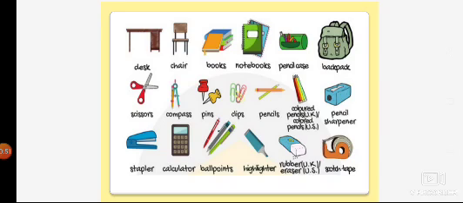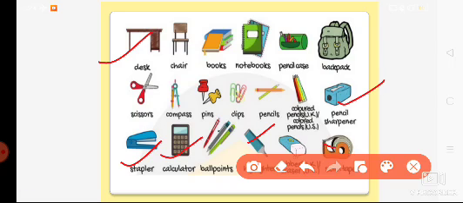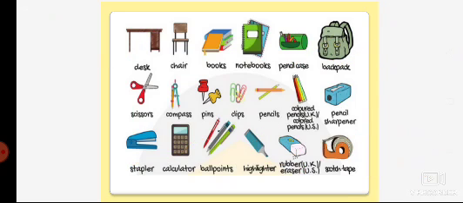Now, in this picture, you can see different types of objects are present. Moving on, the first one is the desk, then is the chair, your book, paper, pencil, clips, calculators, stapler, marker, pencil sharpener, the sellotape, the backpack, pencil case. There are n number of materials present in this picture.